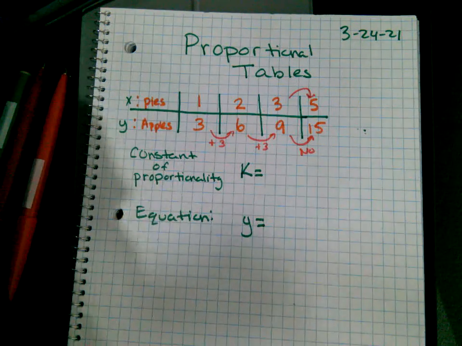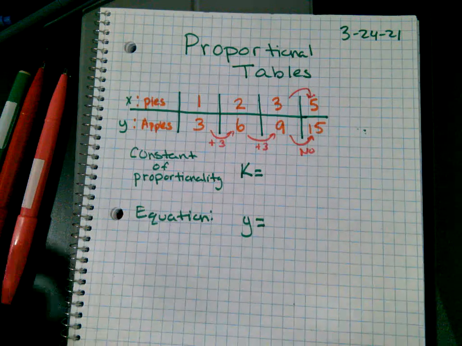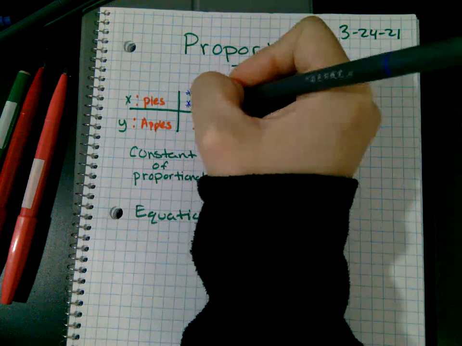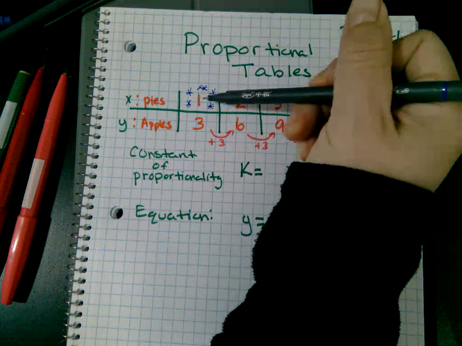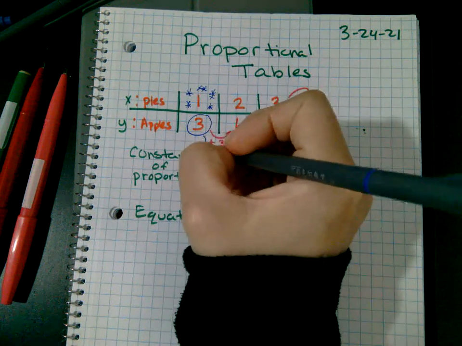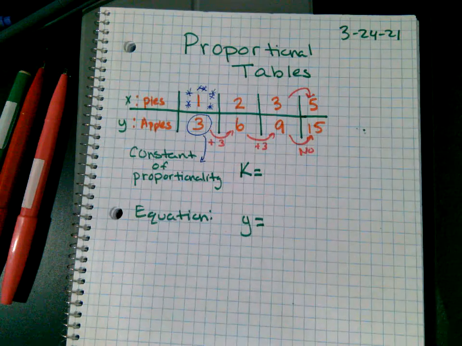Okay, so my second period, one of my students said, Miss Amelie, this is how I found it. I'm like, yes, I'm listening. They looked at where the 1 is on the X. And they're like, Miss Amelie, if you have a 1 on X, whatever your Y is, that's your constant of proportionality. And I was like, boom, mind blown. You're right.